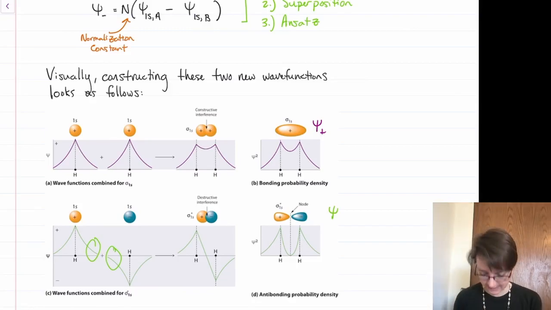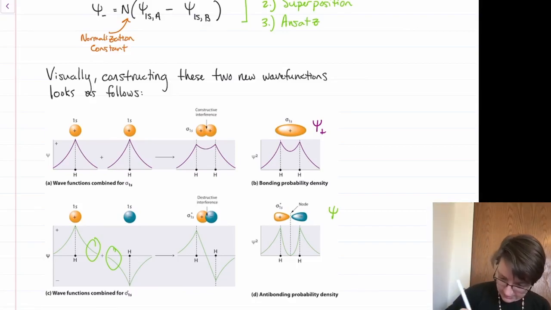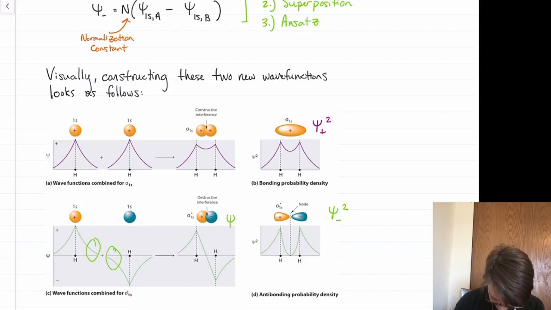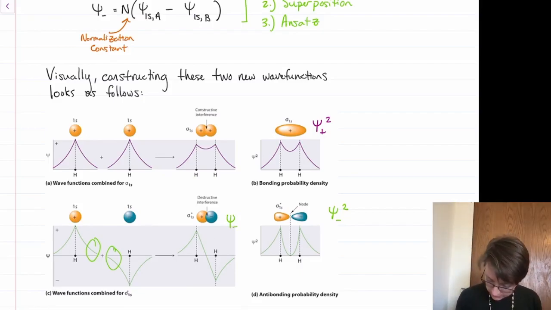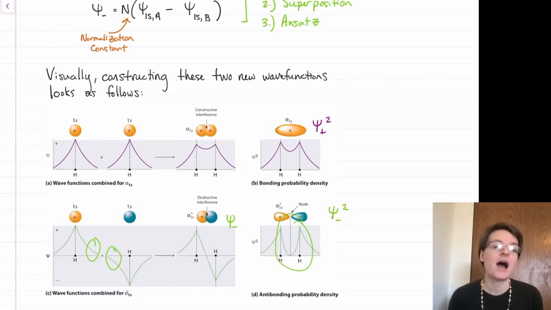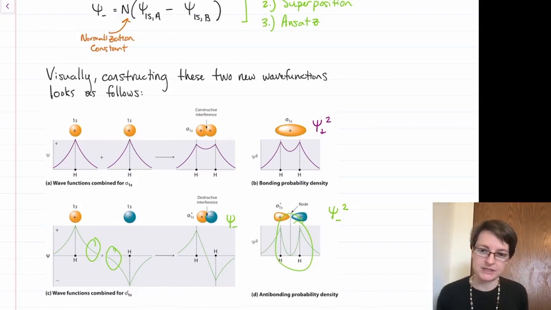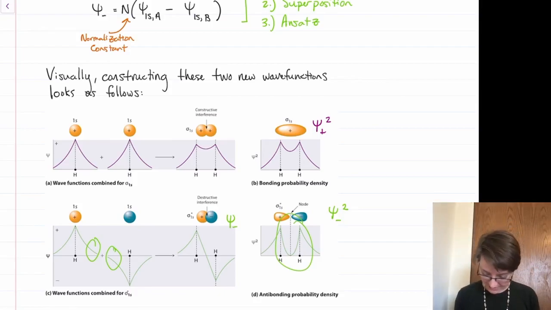And so you'll notice that when I plot my value of the wave function, sorry, these right pictures are the wave function squared, I should be careful about that. When I either plot my value for psi minus, or when I square the wave function, it's really important to notice that in the internuclear region, I have a much decreased chance of seeing the electron.